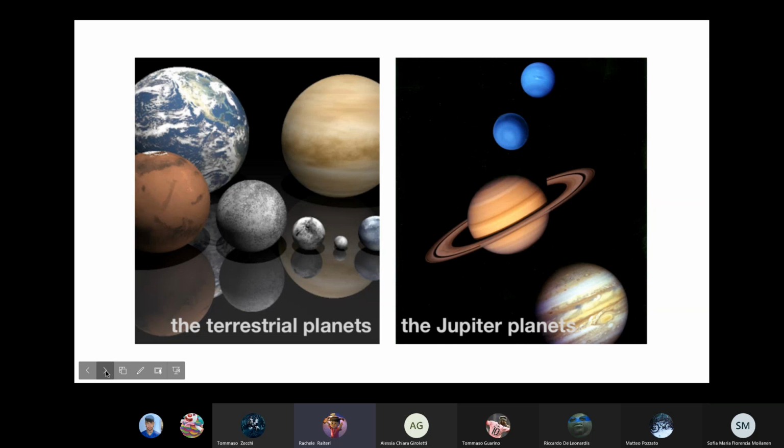Mercury is a really small planet and has a revolution of 88 days and a rotation of 59 days. It has a temperature of 430 degrees on the side facing the Sun and minus 107 degrees on the opposite side.